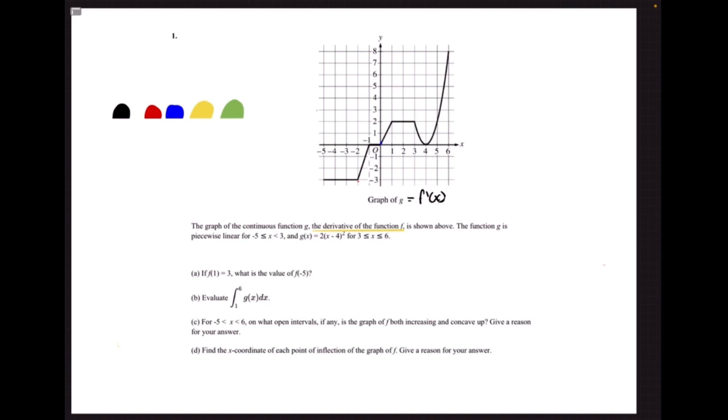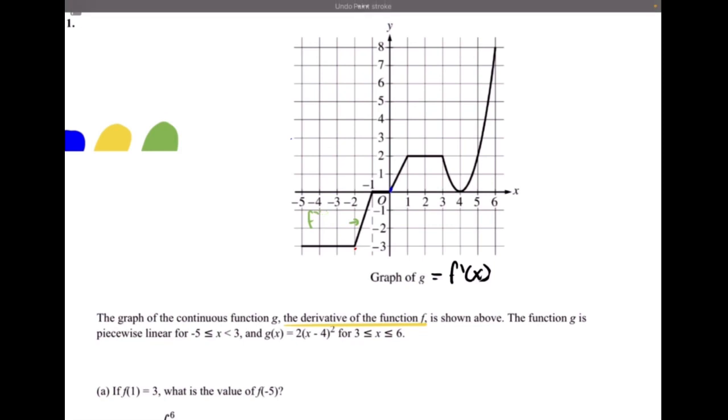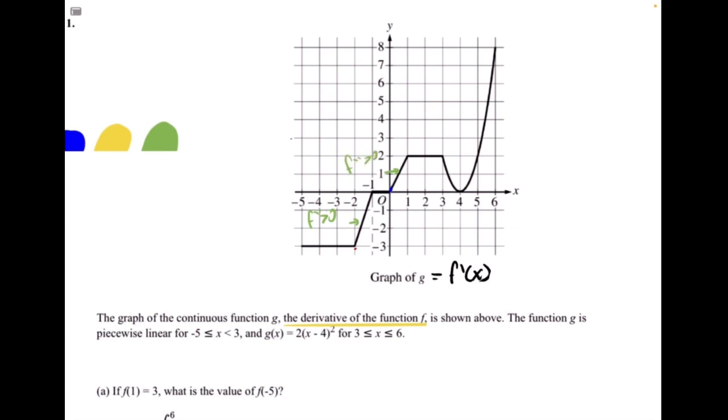Part D of this FRQ asks us to find the x-coordinate of each point of inflection of the graph of f. It also asks us to give a reason for our answers. So a point of inflection is just a change in sign of f double prime, from negative to positive or positive to negative. If we look at the graph, we can see that most of the time f double prime is greater than 0, from here as well as here.